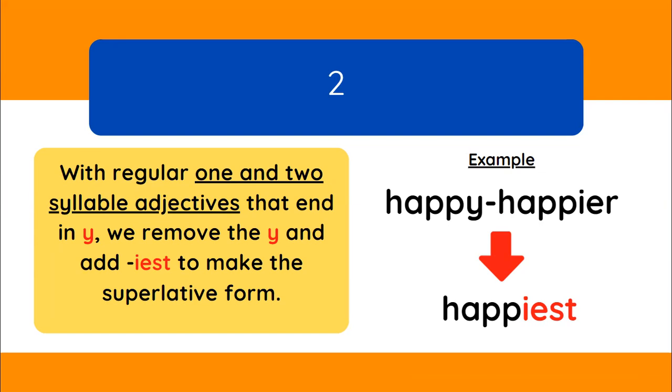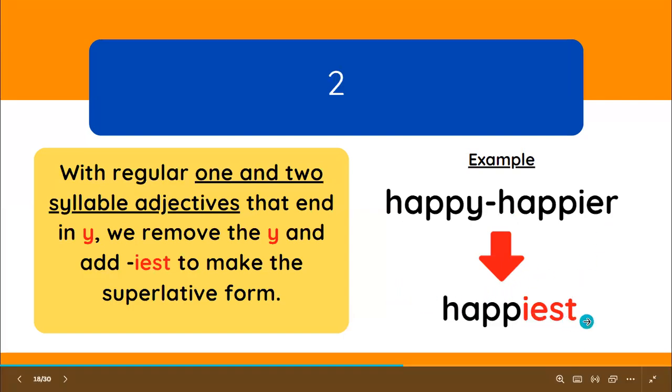With regular one and two syllable adjectives that end in Y, we remove the Y and add IEST to make the superlative form. Again, we take off this. In comparative, we add IER. And in superlative, we add IEST.